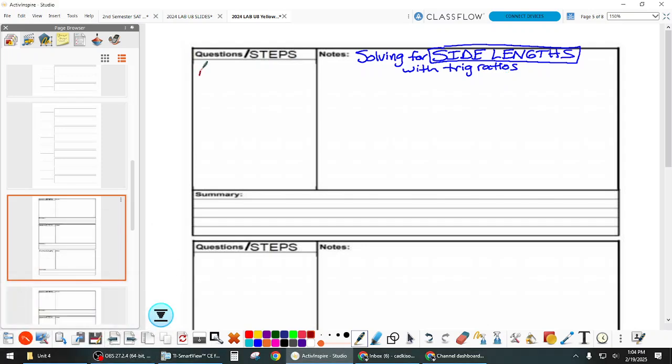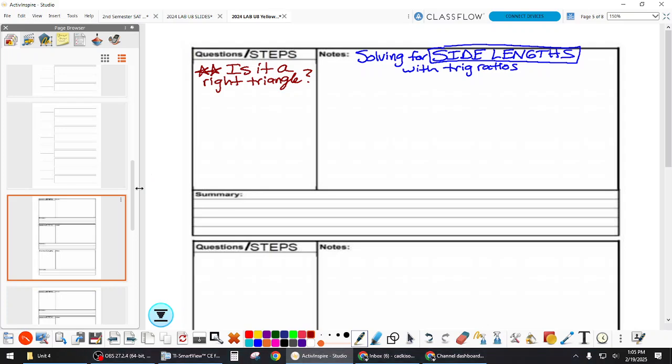So step 1, you need to know what? Right triangle. Emma, did you say that? Right triangle. Because if it's not, you can't do this. Not this way. You also can't use Pythagorean theorem.